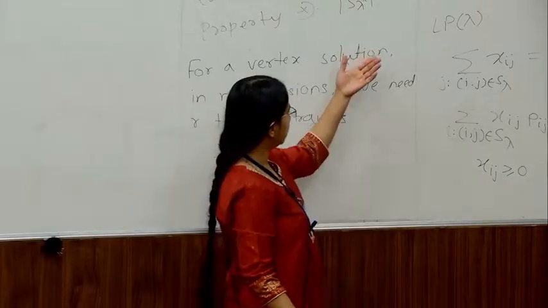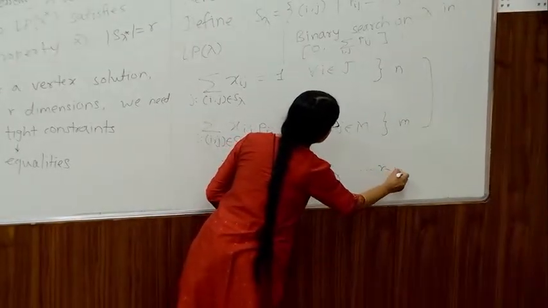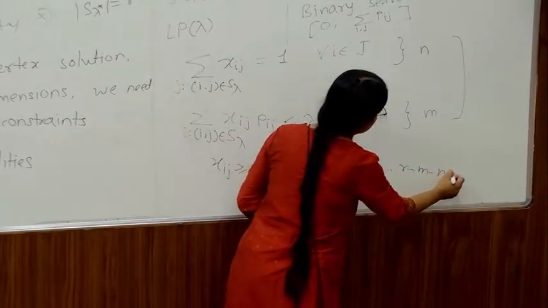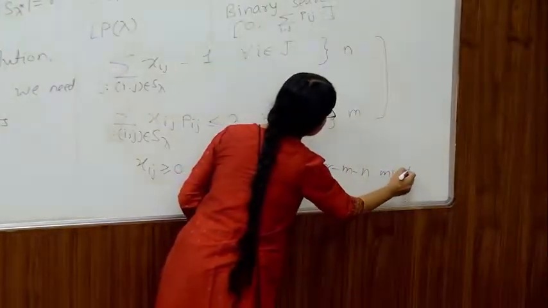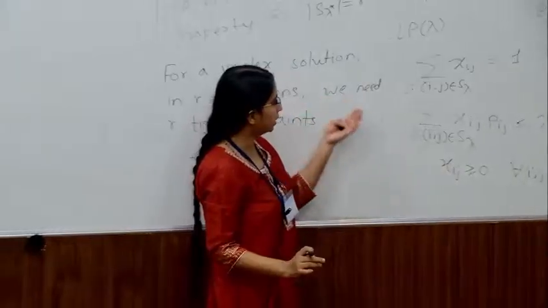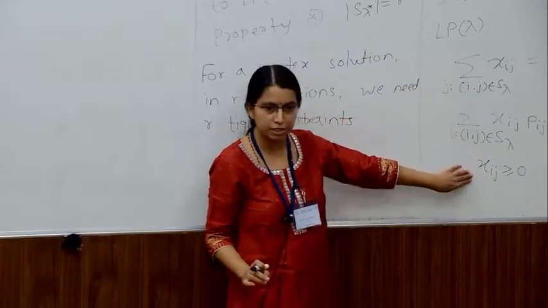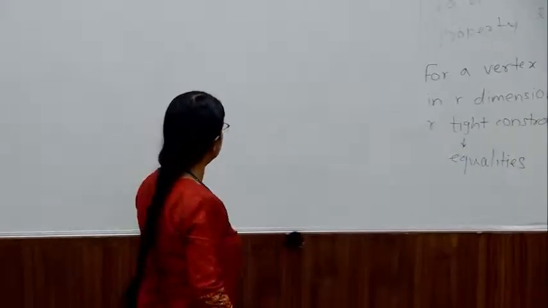So out of R variables, R minus m minus n must be 0, because we need R equalities, and to get R equalities at least R minus m minus n have to be from this part.